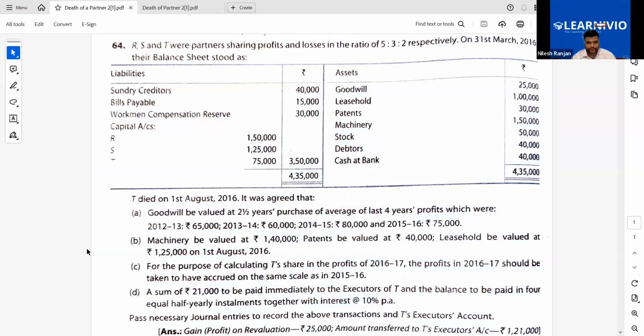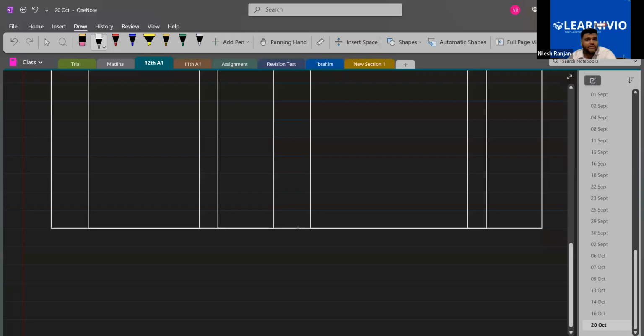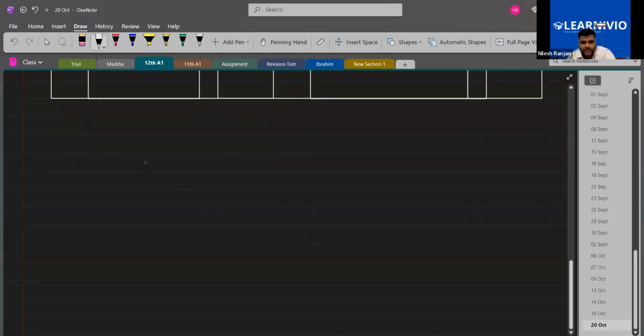Can you please tell again what you said? I said that in this question, it is said that the balance amount will be paid in 4 equal half yearly installments. Okay. So we will pay on a half yearly basis. First of all, the balance payable: 1,21,000 was the total amount payable and 21,000 paid immediately.